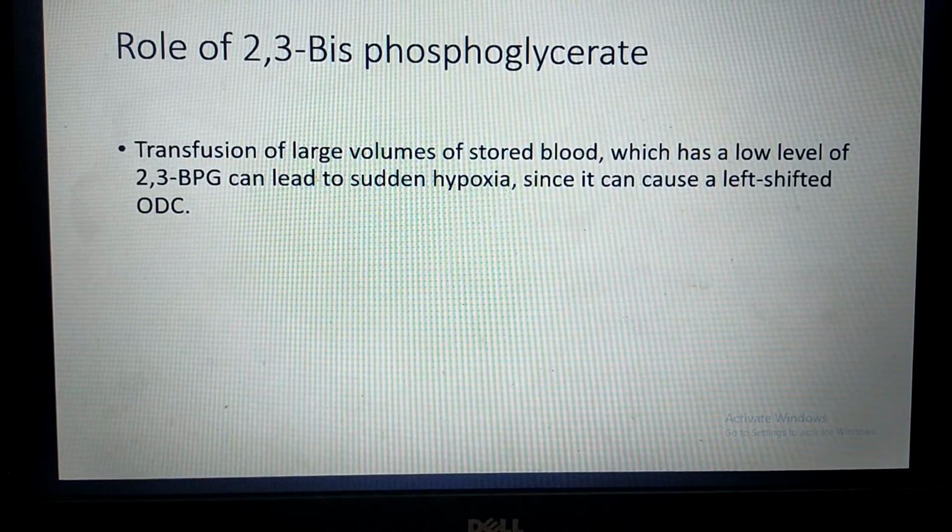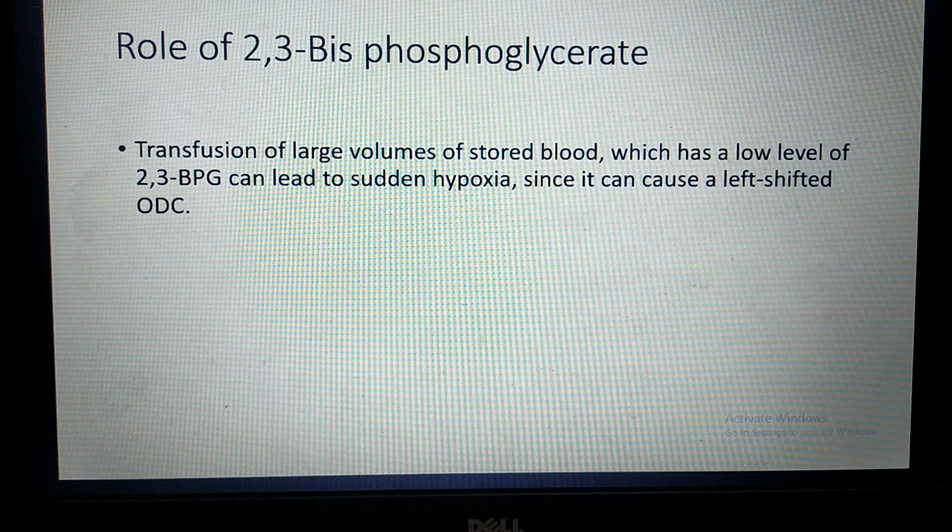Whenever there is a transfusion of a large amount of stored blood, in that stored blood the levels of 2,3-BPG are less. Therefore, hemoglobin saturation is normal in the lungs, but that hemoglobin does not deliver oxygen to the tissues in sufficient quantity.